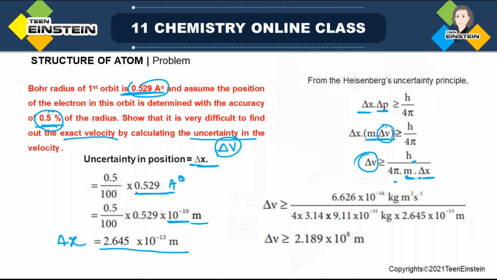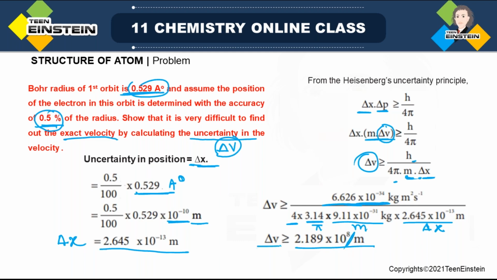After putting all these values, this is the value of h, Planck's constant. This is 4, this is pi, this is the mass of the electron, and this value you have just calculated. If you put all this, you will see del V is so high, 10 to the power 8. Look at the power of 10. It is 10 to the power 8.